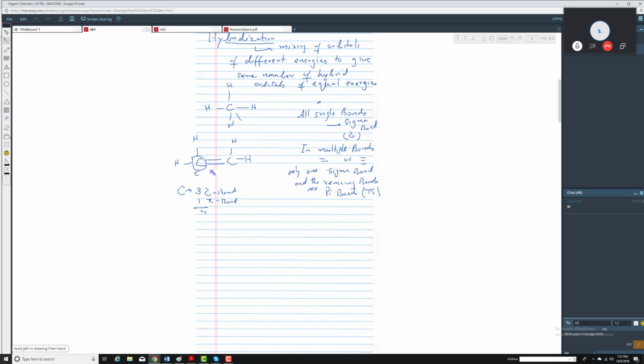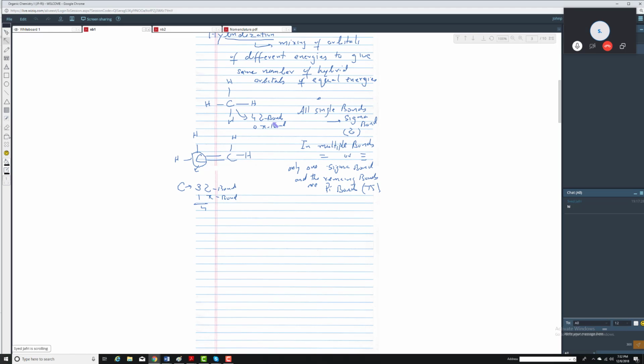What about this carbon? CH4 at the top. 4 sigma bonds and 0 pi bonds. All single bonds are sigma.